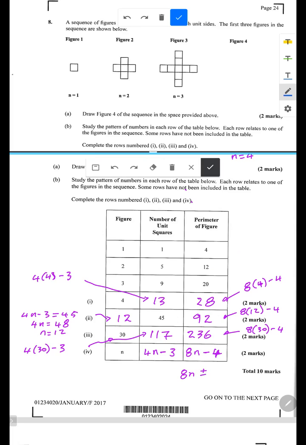What tells you which is the first figure. The first figure is 4, where n equals 1. So this would have been 8 in the first figure, but the final answer there is 4. So I'm going to subtract 4 to make it 4. That's how I get 8n minus 4. So the first figure tells you what you must add or subtract.